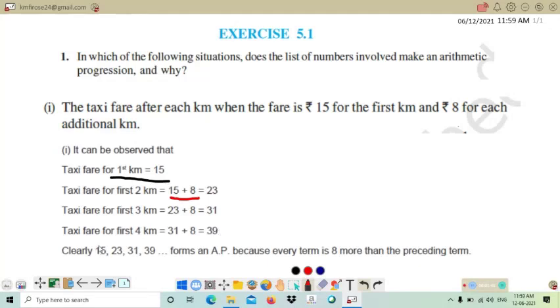So clearly 15, 23, 31, 39 forms an AP. Why? Because every term is 8 more than the preceding term. That is, the common difference of this AP is 8. Since 8 is added to the preceding term, it is an AP.